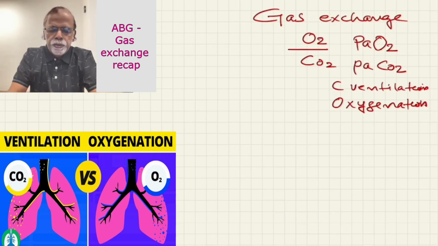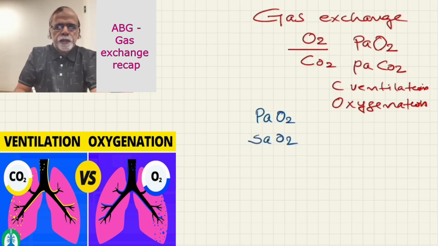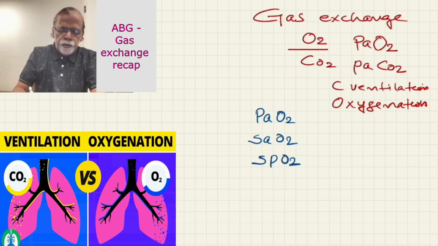Now we look into how you will assess oxygenation. We have discussed this, so let's recap. One is by looking at the PaO₂ in the ABG, the saturation of oxygen SaO₂ that is calculated from the ABG, and the SpO₂. This we have discussed in the previous sessions.